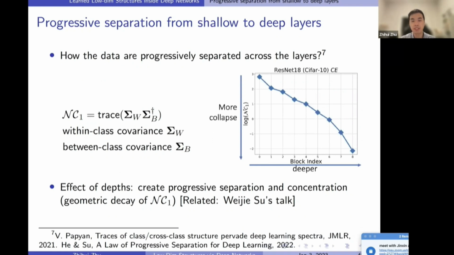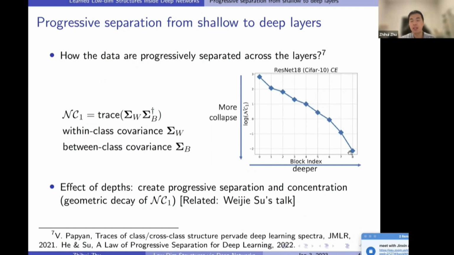We can capture this progressive separation by the same neural collapse measures which we mentioned before, which capture the ratio between the within-class covariance and the between-class covariance, and the smaller, the more collapse. Here we plot a well-trained network and its neural collapse across the layers.